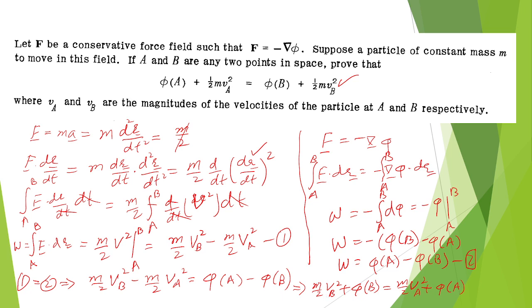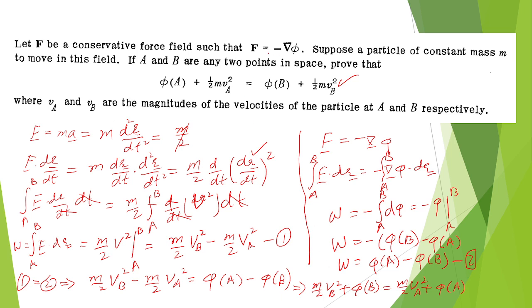This is the kinetic energy of the particle at position B, potential energy of the particle at position B, kinetic energy of the particle at position A, potential energy of the particle at position A. So this is the total energy at position B, and the right side is the total energy at position A. So this is conservation of energy.